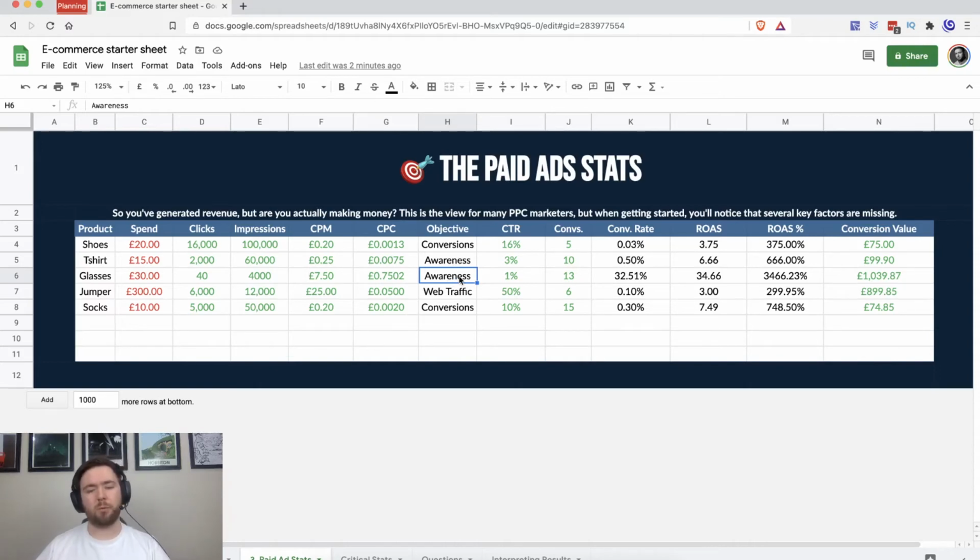So when you choose your objective, depending on the ad platform you've selected, it will determine a couple of variables. One, who your ad is going to be served to, based on who is most likely to perform the action that you specified as an objective. Two, it's going to determine your key result metric.